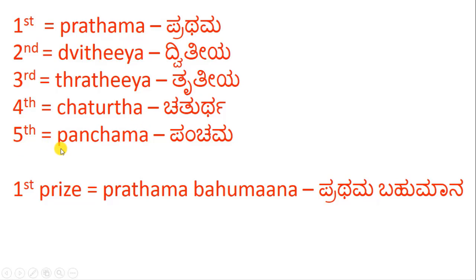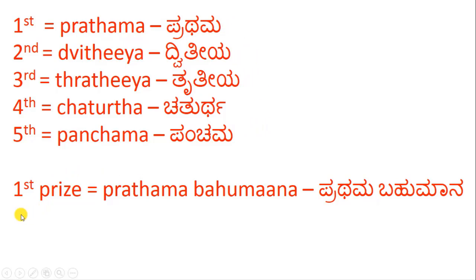Fifth is also called Panchama. There are words for 6th, 7th, 8th, 9th, 10th, but I have not included them because the usage is very less. 1, 2, 3, 4, 5 you will come across commonly.